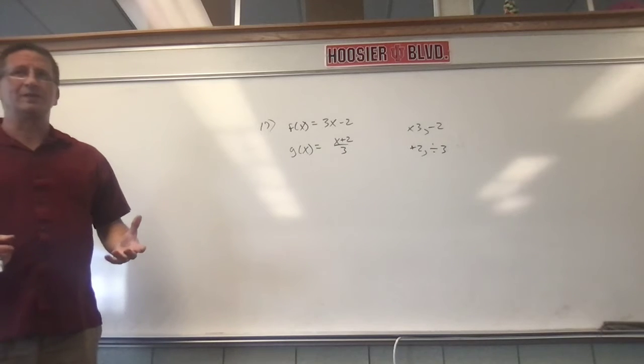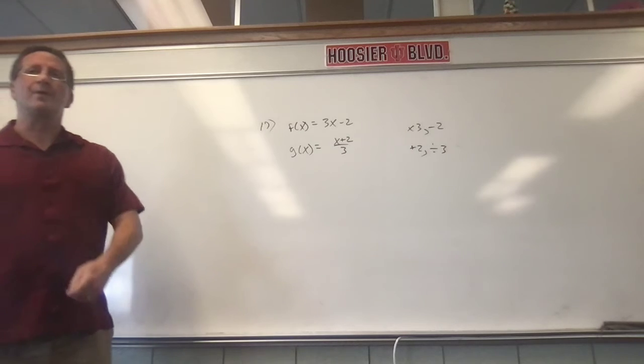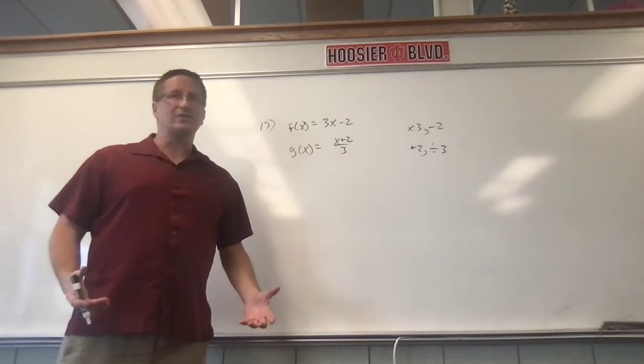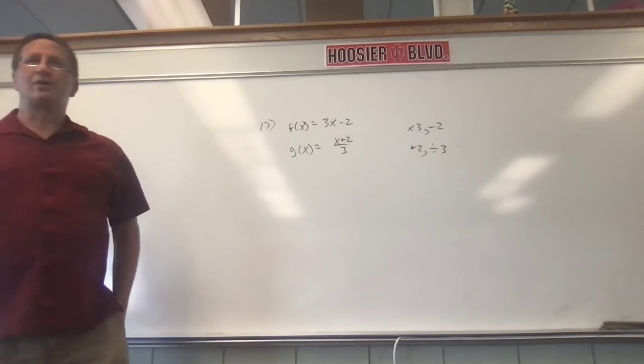Now, we didn't prove that they're inverses. What you need to understand is this: when you plug in a number, and then plug that into its inverse, you're back where you started. They just cancel each other out. So here's how you do it. And I'll be honest, I'm not sure about this.